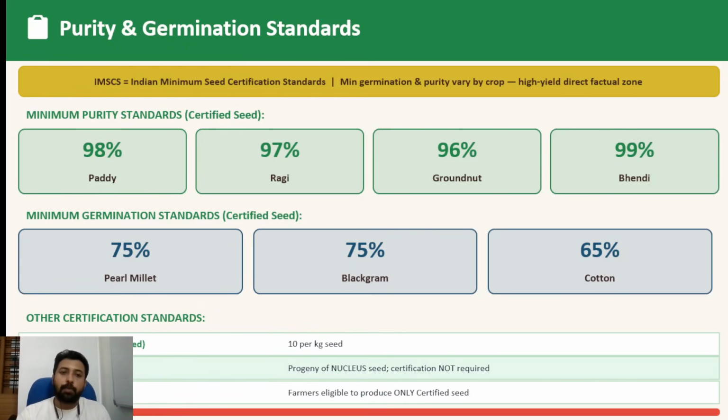Then coming to the next one, that is the purity and germination standards. Another very important area, similar to your isolation distance. You have purity standards for different classes of seeds. Questions usually come from certified seeds. For example, the minimum purity standard for paddy is 98, while for groundnut it is 96.